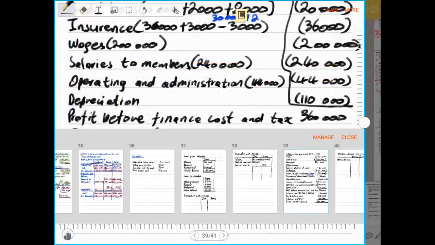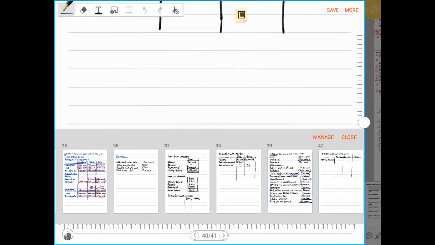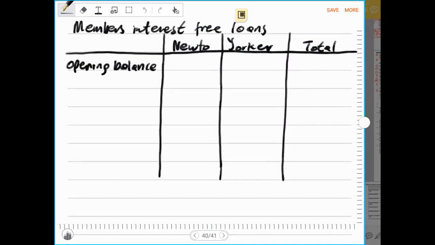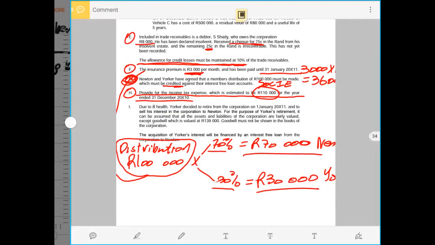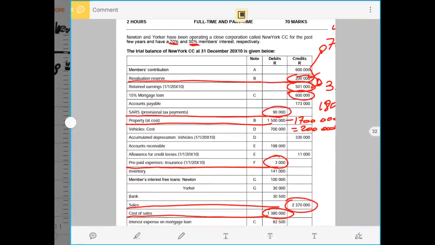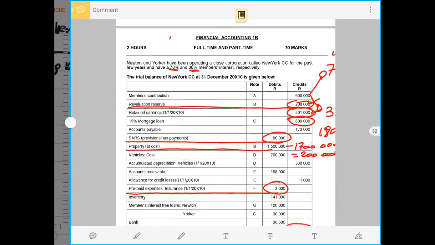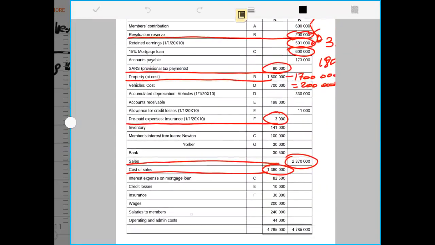So now let us do that quickly. I already have the members' interest-free loans. Then I have to take into account their opening balances in the trial balance. In the trial balance, we had members' interest-free loans of 100,000 rands and 30,000 rands. So I just write those as opening balance.